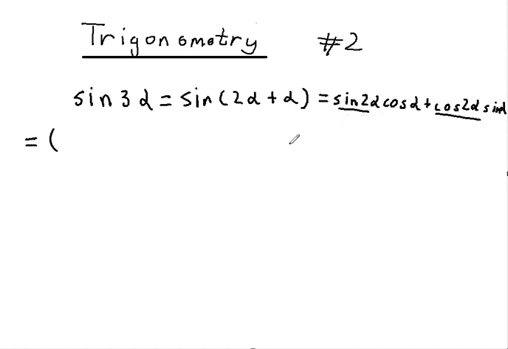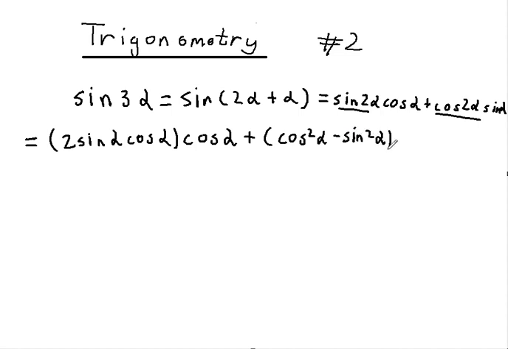We can use the compound angle formula again. I'll just do it quickly: sine 2 alpha is going to be 2 sine alpha cos alpha if you expand it, times cos alpha, plus cos 2 alpha, which is going to be cos squared alpha minus sine squared alpha, times sine alpha.